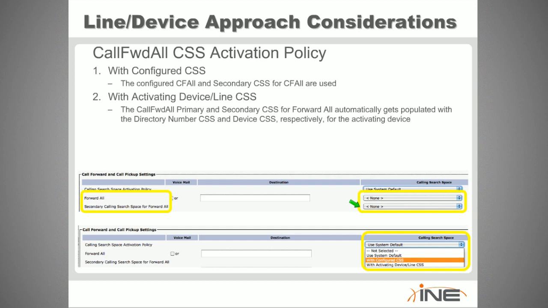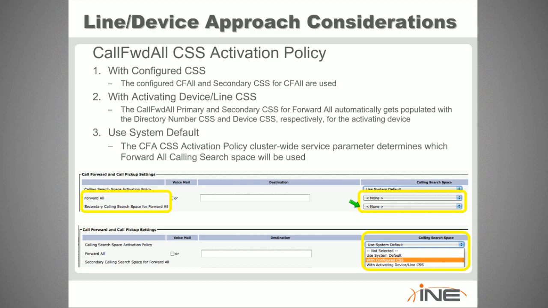Pretty much what I just said. For the activating line device, the call forward primary and secondary automatically get populated from the directory number, and use system default with configured is obviously whatever we configure. Use system default is the cluster-wide service parameter, which determines what that will be.